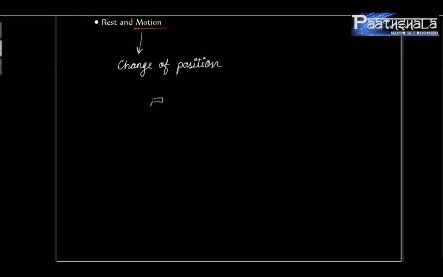Like for instance, there is a dog over here, and that dog wants to move from point A to point B. So the position of the dog is changing, right? Earlier it was at point A, finally it is going to be at point B. So change of position is happening.